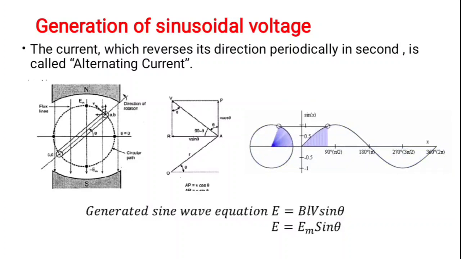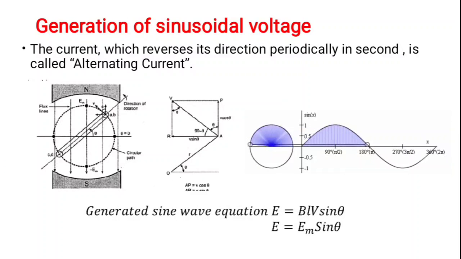Suppose the conductor is placed here at position number 1, having a length L, placed perpendicular to the lines of magnetic flux of constant flux density B Weber per meter, which is produced by two north and south poles.